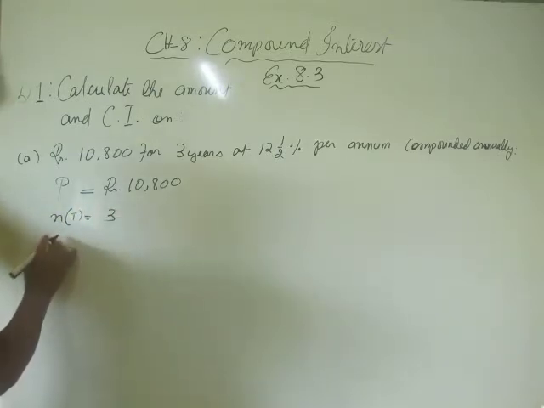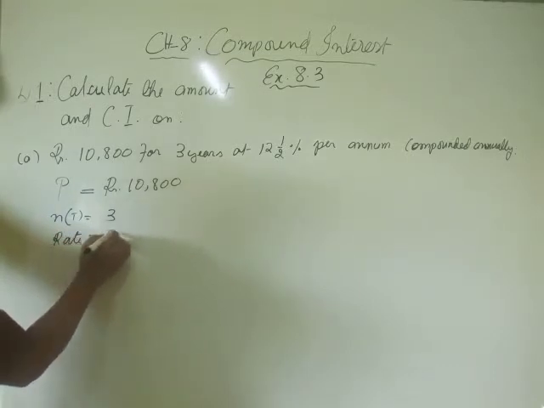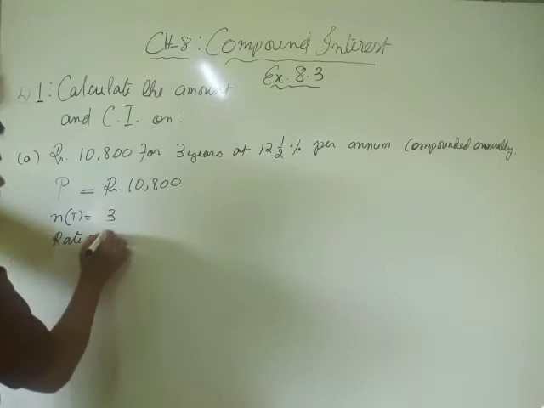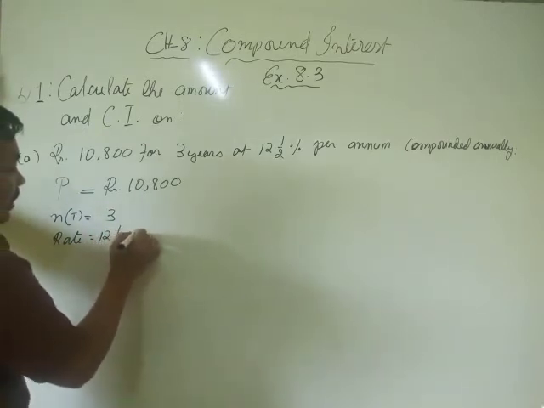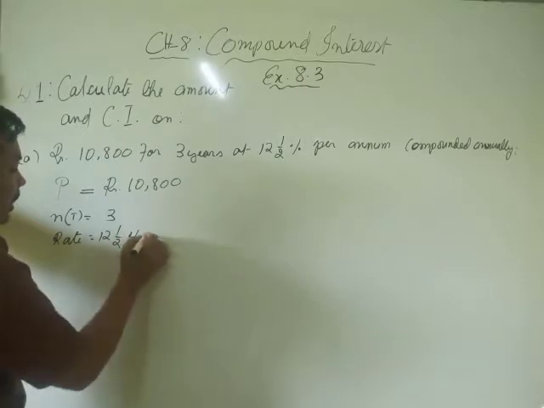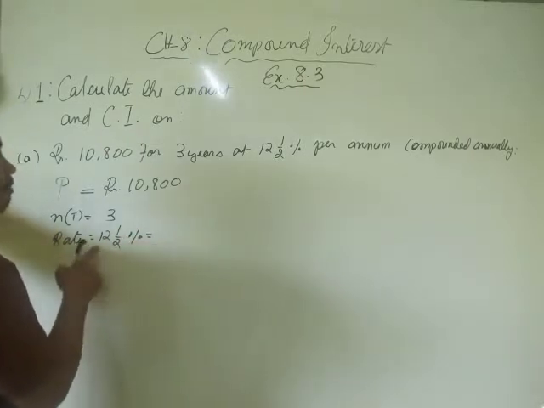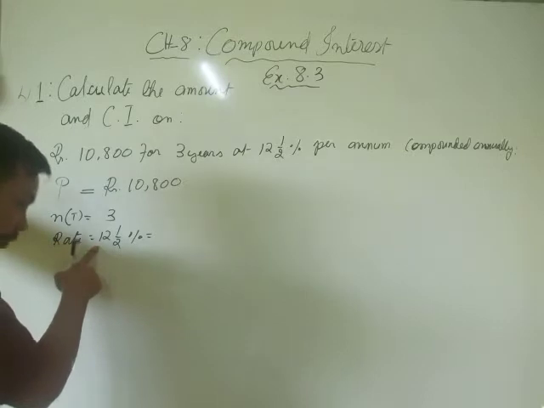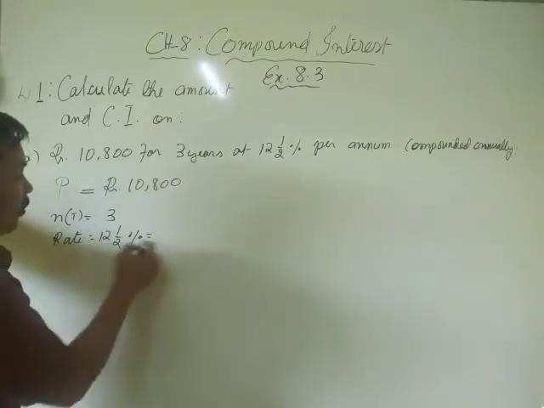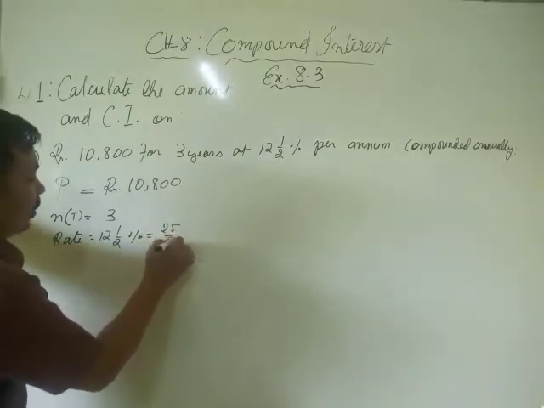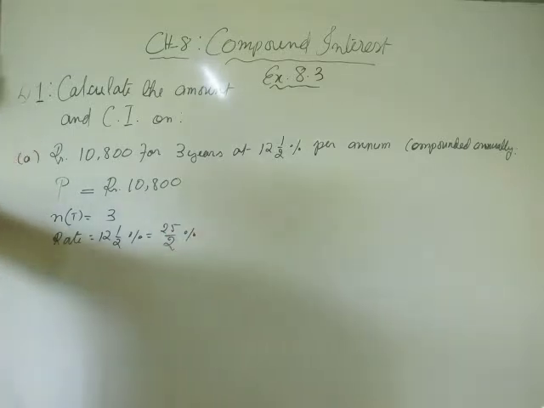Then rate R. There is how much here? 12 1 by 2 percent. So let us convert it into a fraction: 25 by 2%. Let us take this.